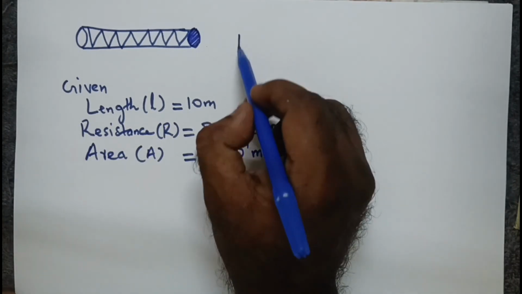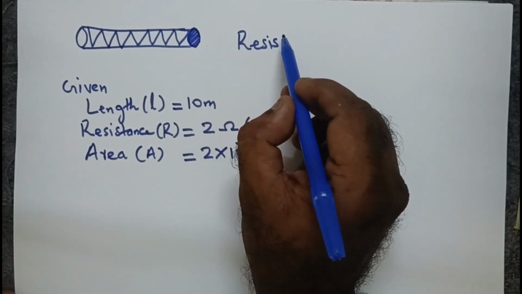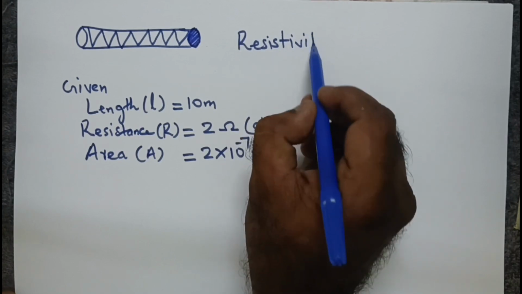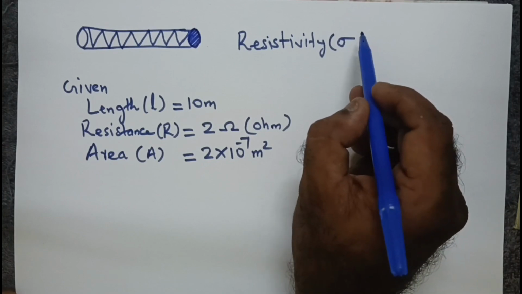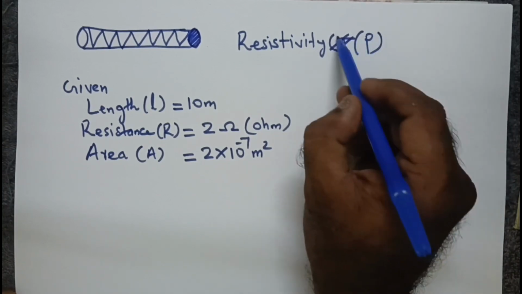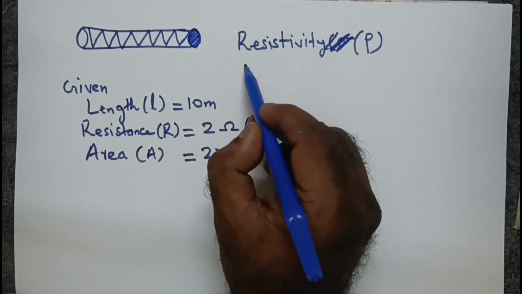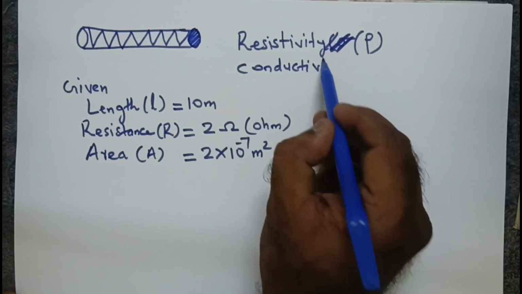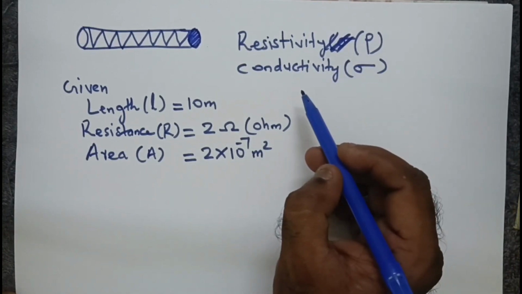Here I write. In this problem they are asking us to find the resistivity. Resistivity, the symbol is rho. Then conductivity, the symbol is sigma.